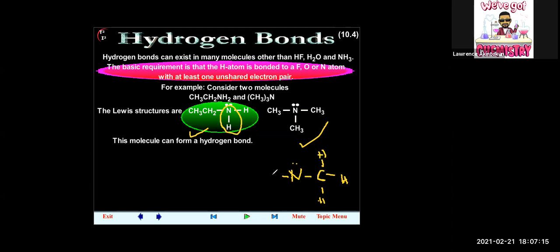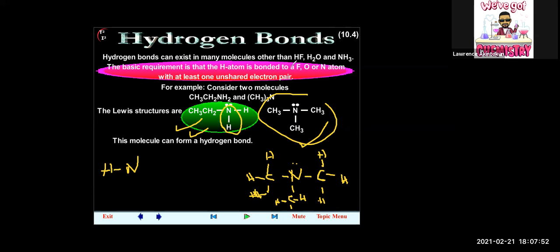And this is carbon with 3 hydrogens on it. And this is carbon with also 3 hydrogens, all right? So this doesn't have any hydrogen-nitrogen bond compared to this. That is why this has hydrogen bond and this one doesn't have hydrogen bond. All right.